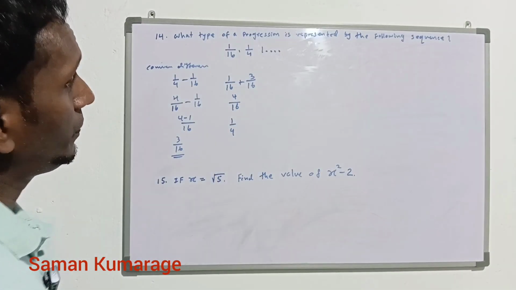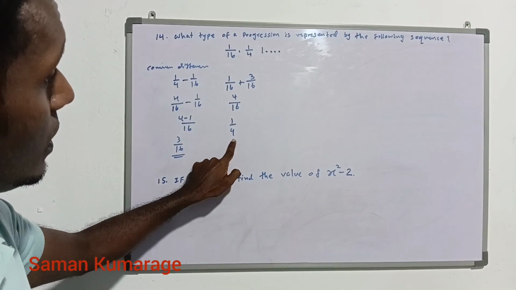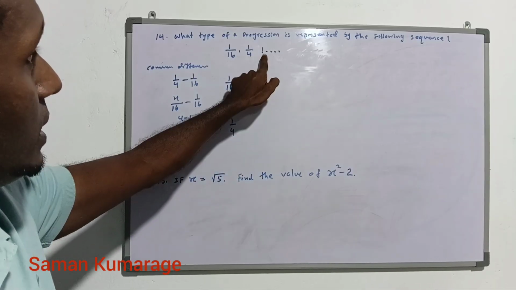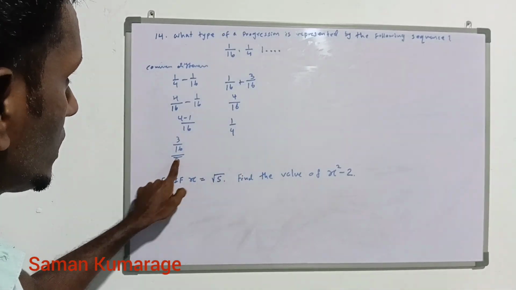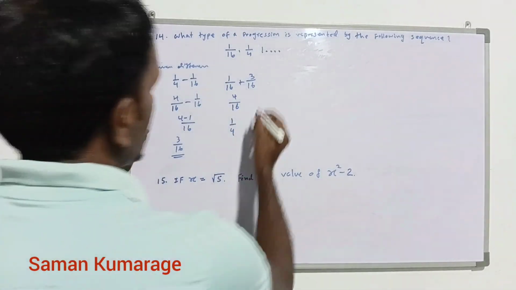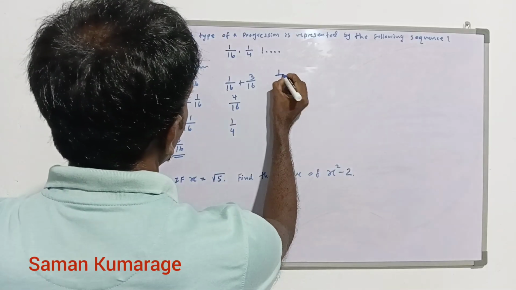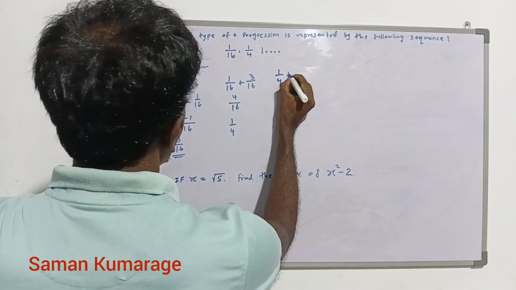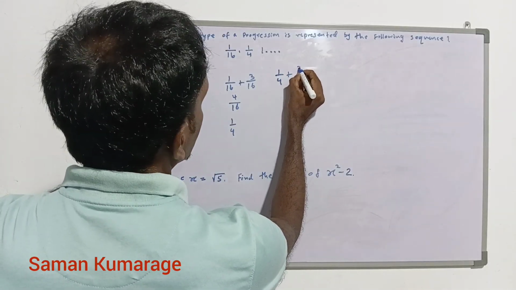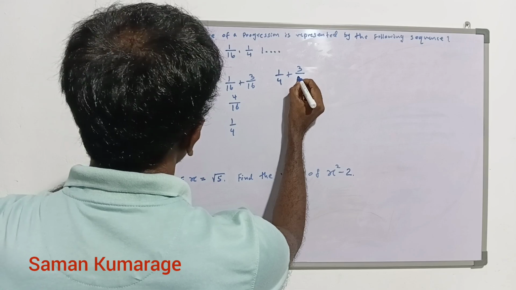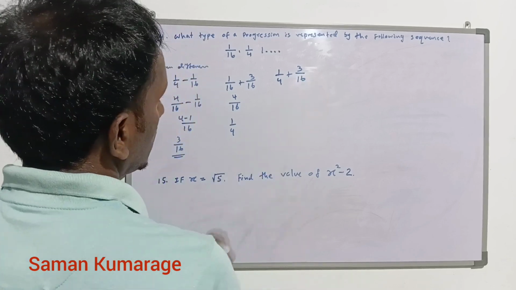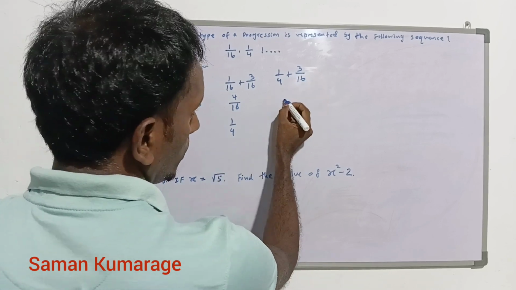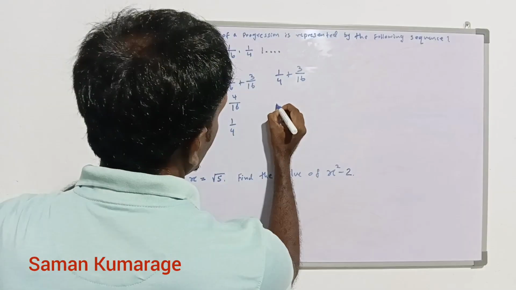Let's see if we can obtain the third term by adding this common difference to the second term. Okay, the second term 1 over 4 is added to 3 over 16. Here the common denominator again is 16.